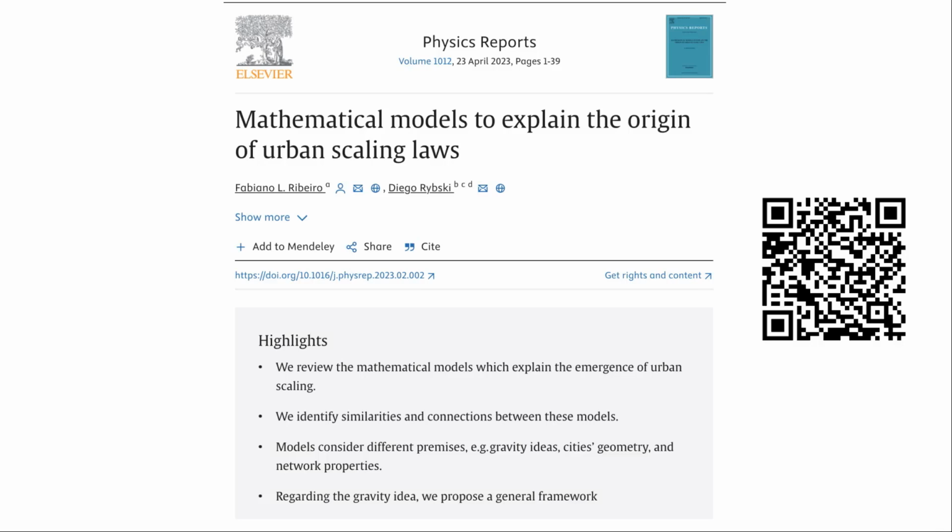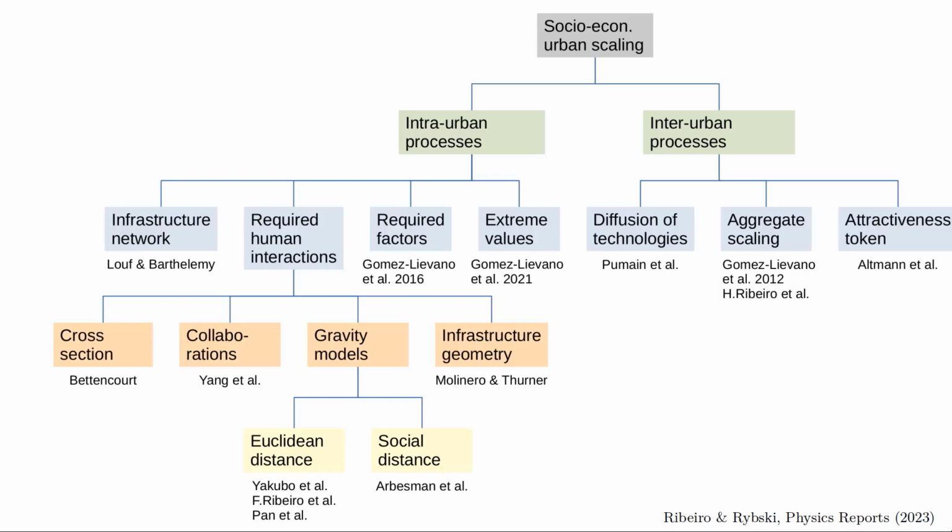And organizing these models, we could build up this taxonomy here, where we can divide the models in the inter-urban process kind of model and intra-urban process kind of model, right?